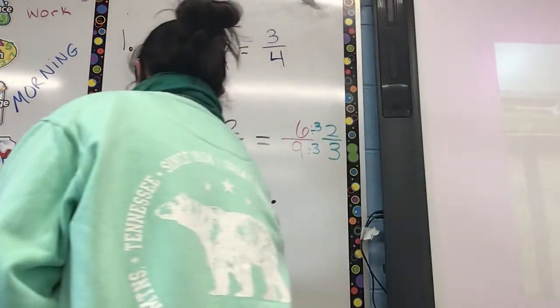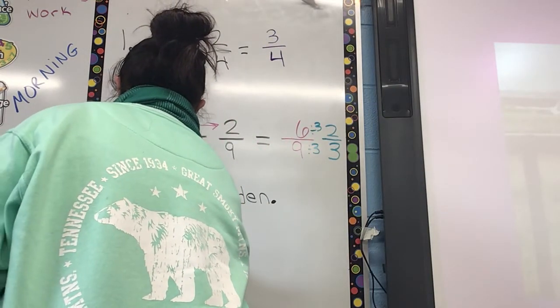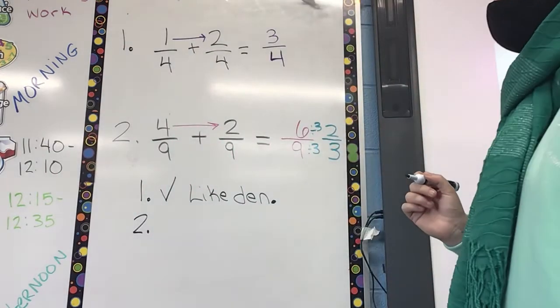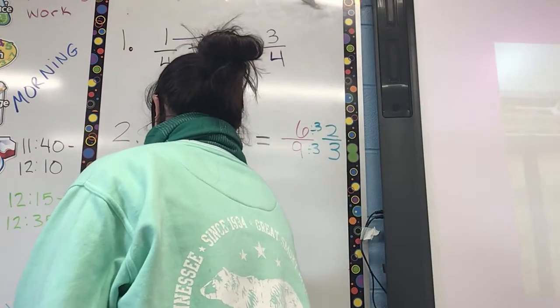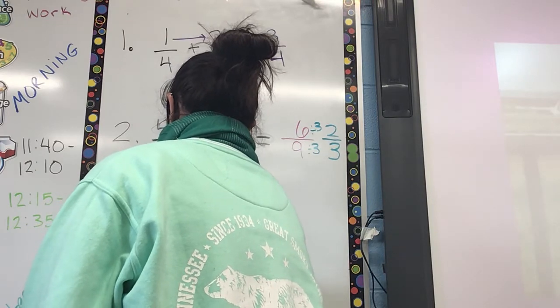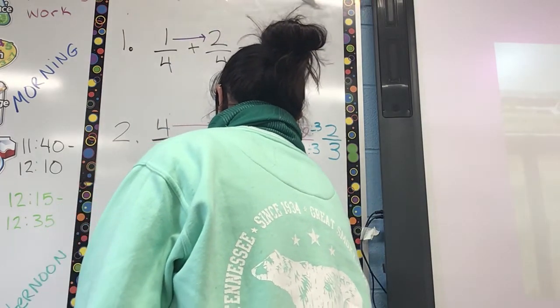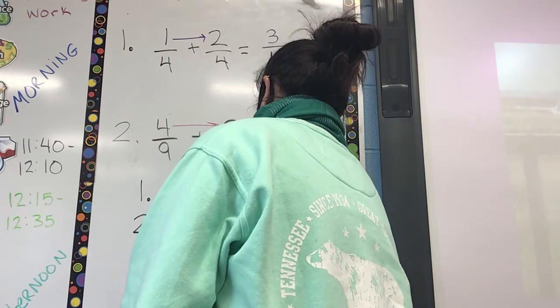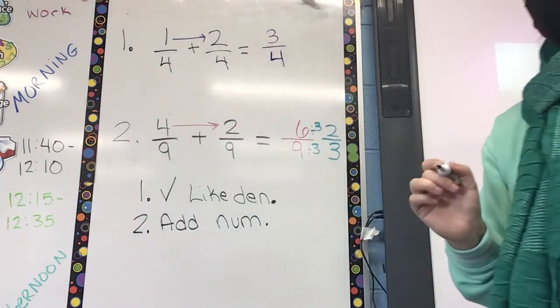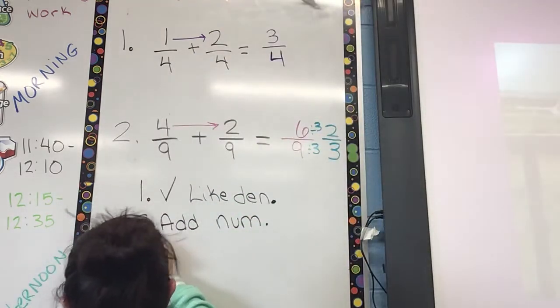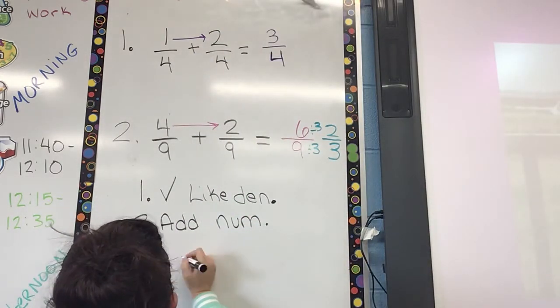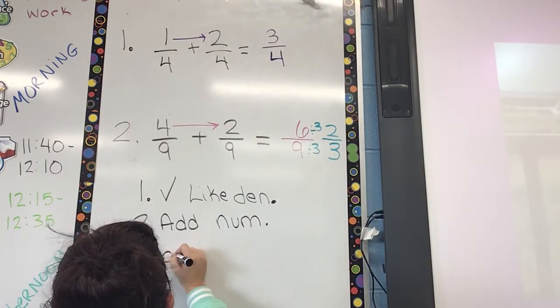Step 2. We add together our what? Our numerators. Good. I'm going to abbreviate again. NUM is going to stand for numerator. Step 3. The denominator stays the same.